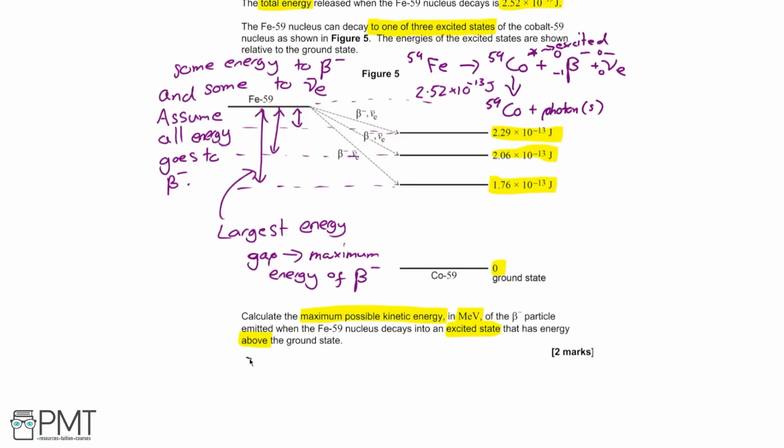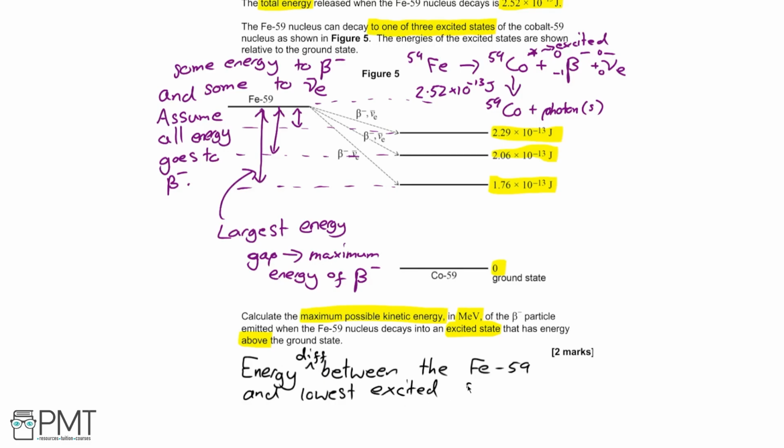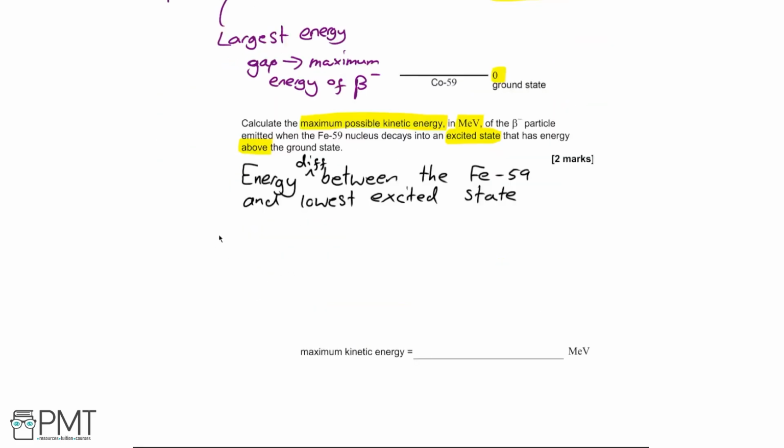So this means that the energy difference between the Fe59 and the lowest excited state is delta E, equal to 2.52 times 10 to the minus 13, the total energy that could be released, minus how far above the ground state the lowest excited state is, i.e. 1.76 times 10 to the minus 13.